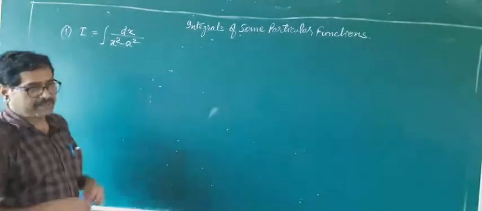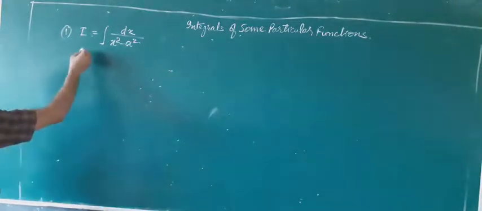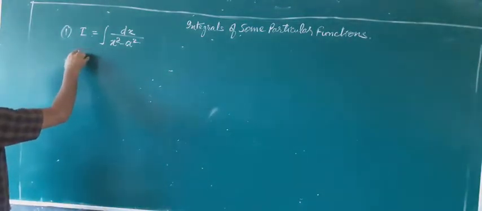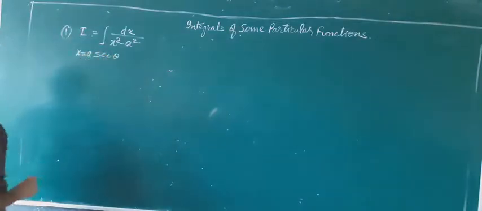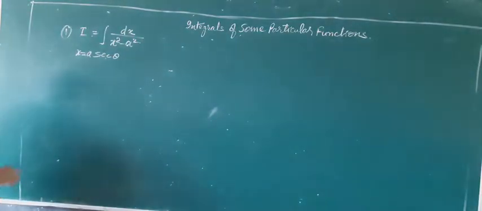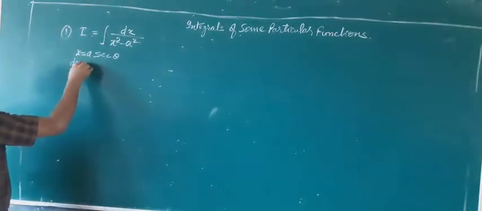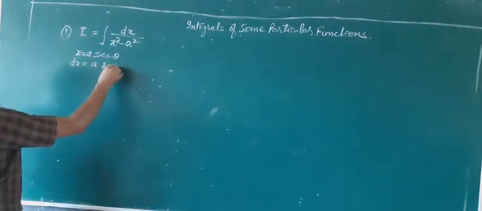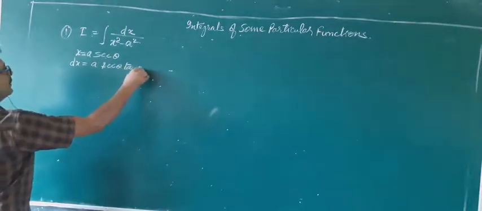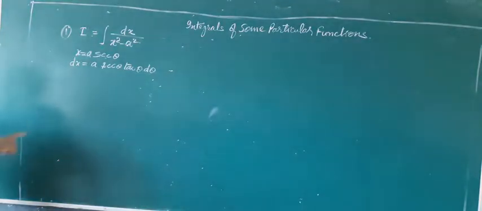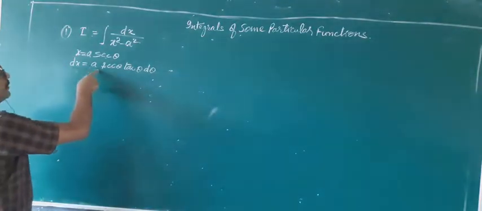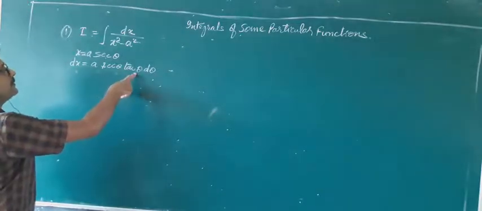We put x is equal to a sec theta. Differentiating, dx is equal to a sec theta tan theta d theta.